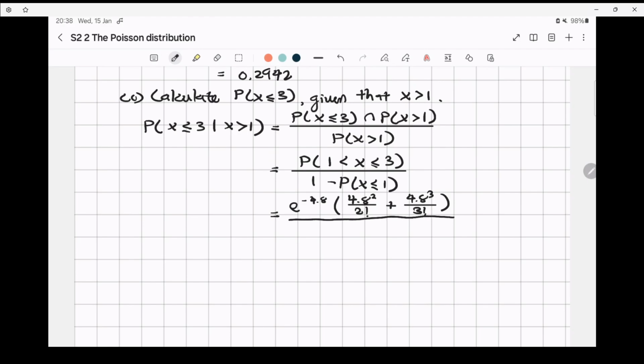So what is happening at the bottom? The bottom, you have 1 minus e power minus 4.8 times 4.8 power 0 divided by 0 factorial, 4.8 power 1 divided by 1 factorial. So this gives you 0.2465 divided by 1 minus 0.0477. So finally your answer is 0.258.